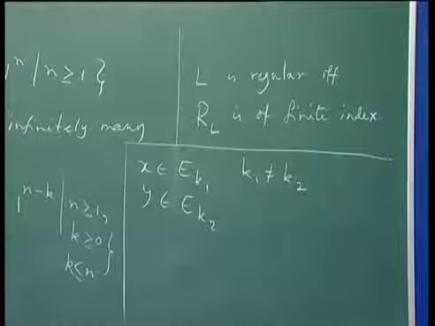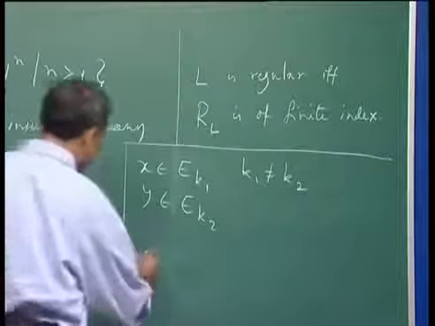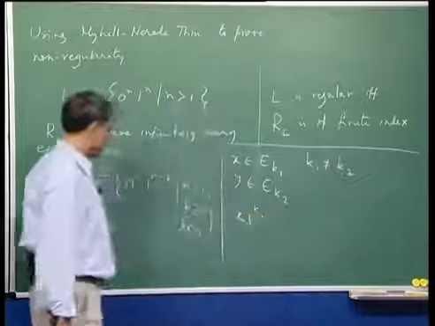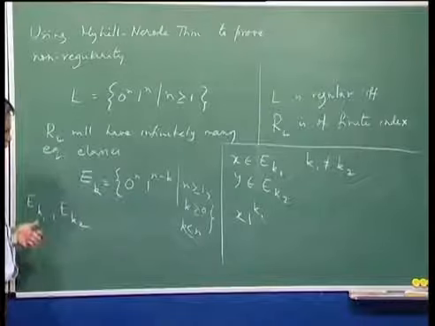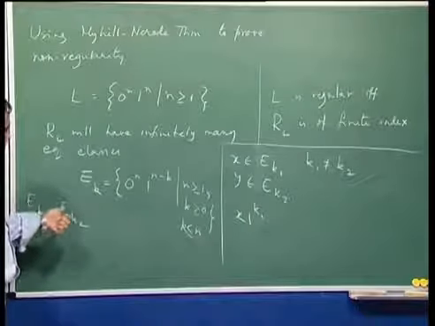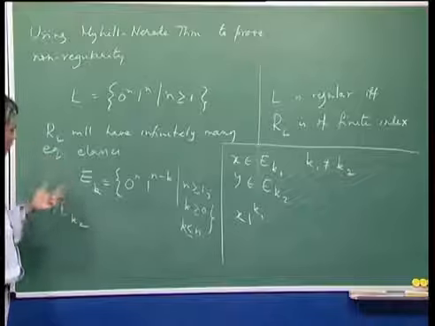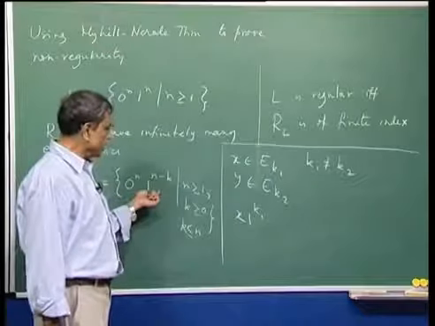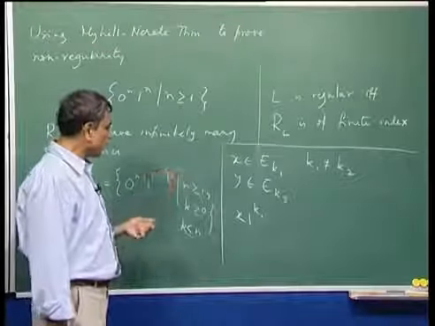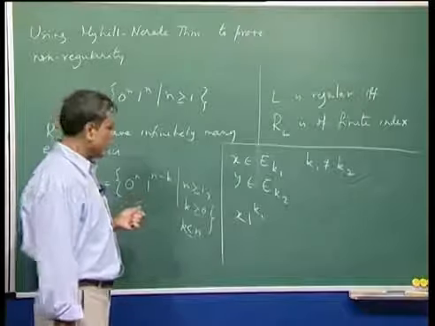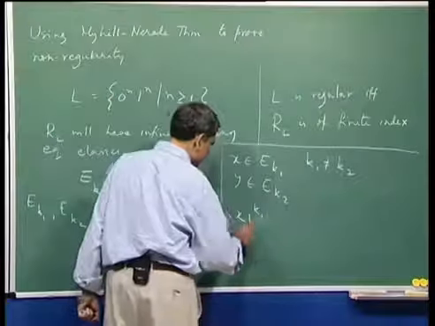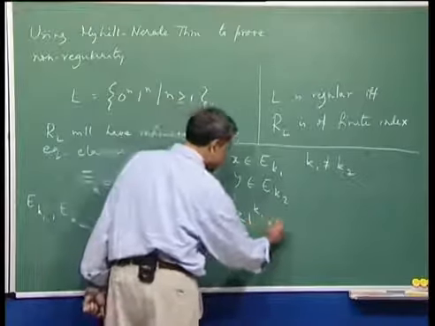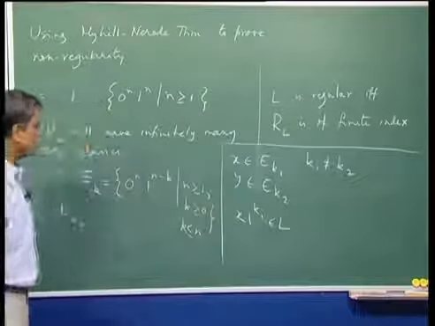So, consider this string x1^k1. Remember what x is? x will have some n number of zeros and some number of ones which is less by k1 than the number of zeros. If you add k1 ones after x, then clearly this will have an equal number of zeros and ones.